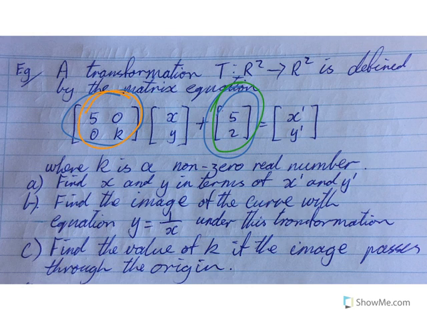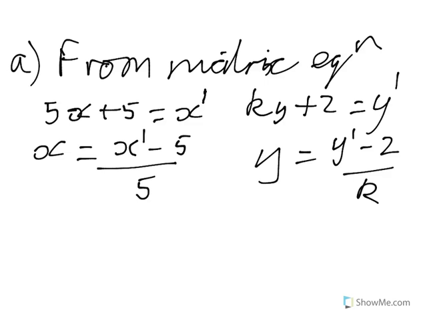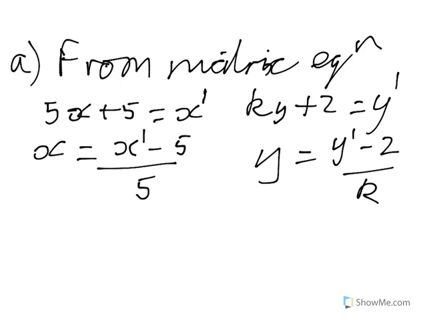Second one, find the image of the curve with equation y equals 1 on x. So this is our original, y equals 1 on x. We're going to replace our x and our y in our original with these things here, the equivalent, which includes our image.